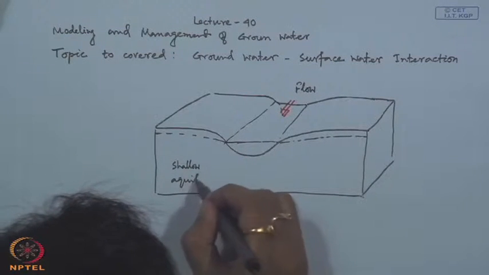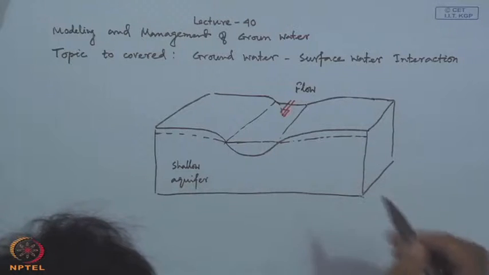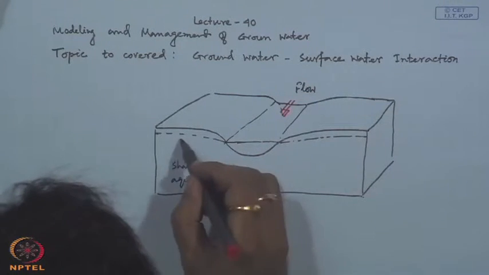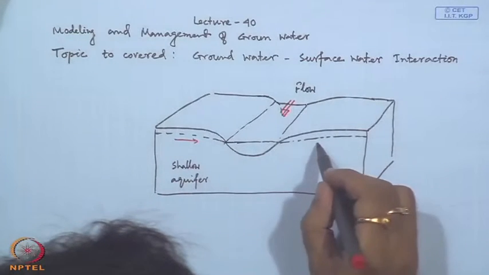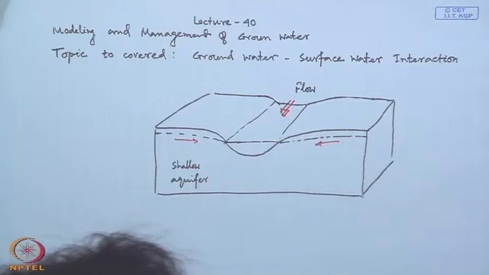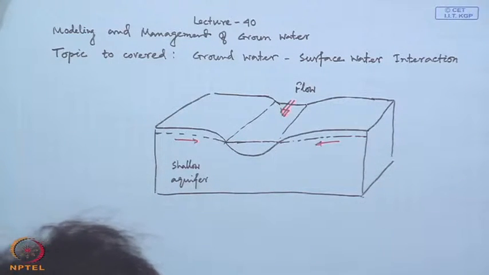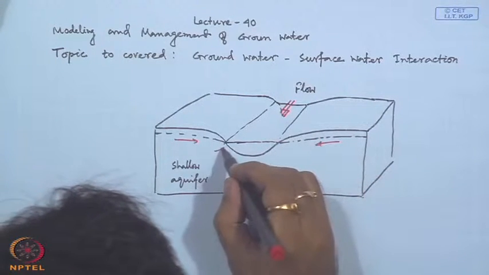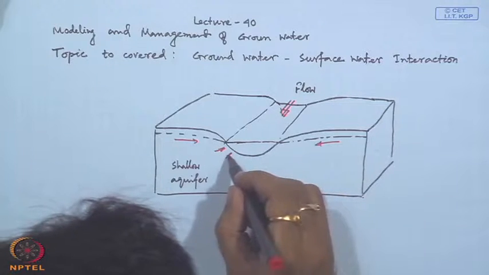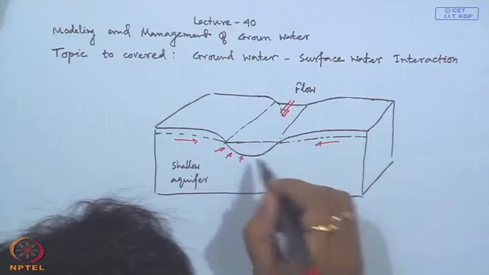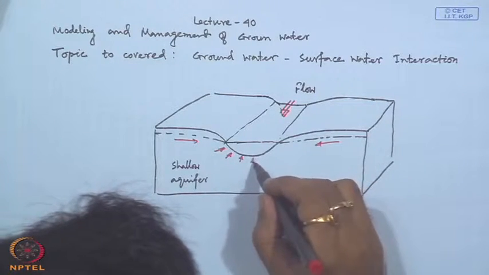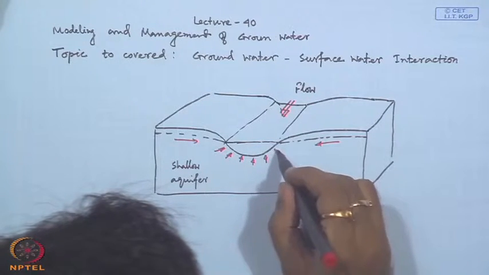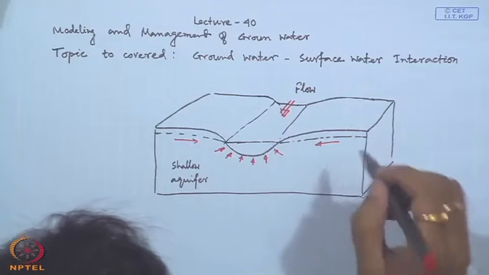In this case, there will be flow from your groundwater table towards the stream, and the aquifer will contribute some amount of water in the stream.